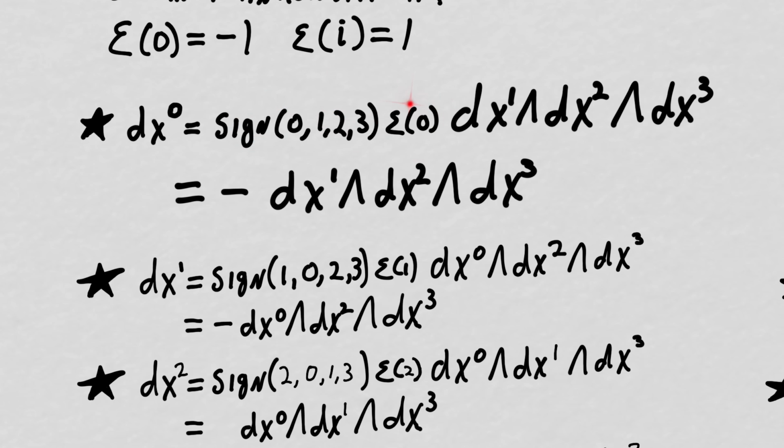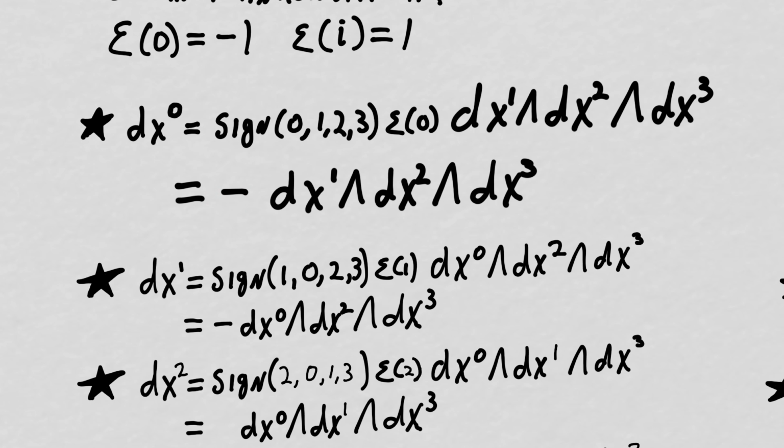And then I take the epsilon value of all the basis vectors that are on the left-hand side. Well, in this case, it is this exceptional one where you pull a minus 1. So epsilon 0 is equal to minus 1. So all of this stuff here gives me a minus sign, and the Hodge dual of the basis vector dx superscript 0 is this 3 form, dx1 wedge dx2 wedge dx3 with a minus sign.